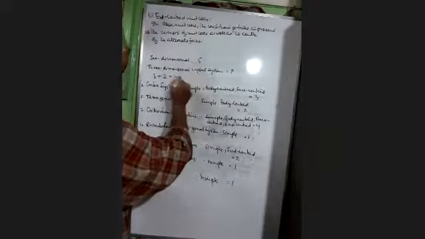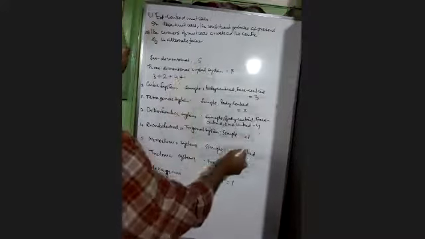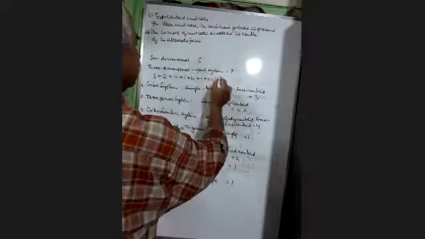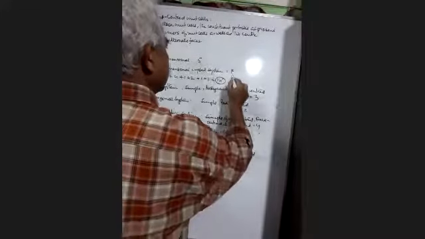So it is 3 plus 2 plus 4 plus 1 plus 2 plus 1 plus 1. So how much does it come? 3 plus 2 is 5, 5 plus 4 is 9, 9 plus 1, 10, total 14. Okay?